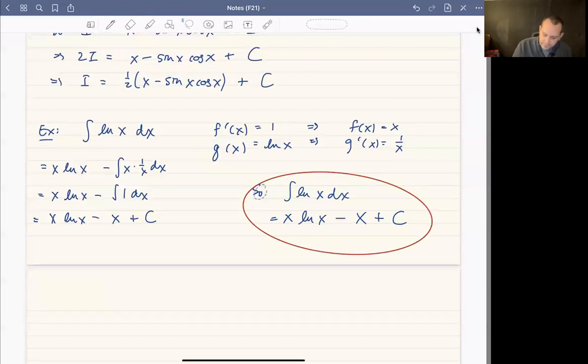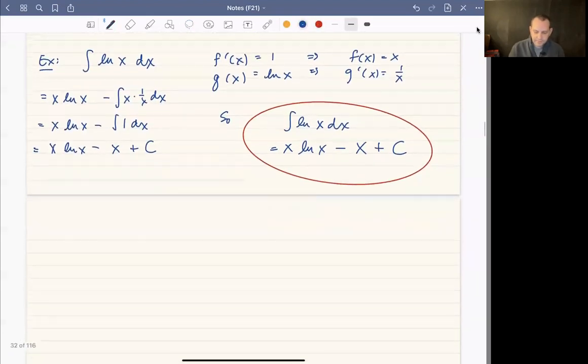This trick, by the way, also works for evaluating the integral of the inverse sine, inverse tangent, things like that, where you have an inverse trigonometric function. So anyways, it's a nice little trick there.